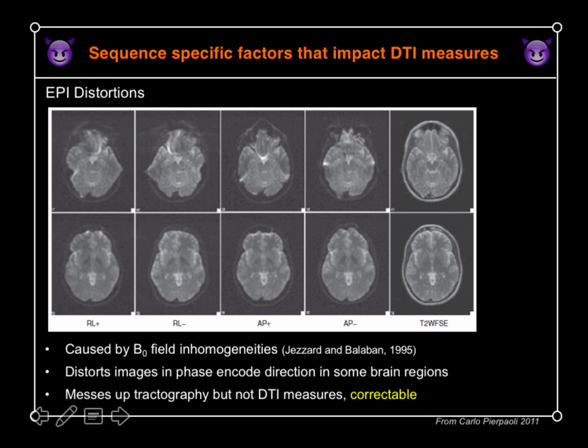And this is if you have right to left and left to right. Bottom line is you get these very sharp distortions in the image as well as signal pileups. And so this distorts the image profoundly, and one of the things it does is it messes up tractography very badly. Not so much the DTI measures. But again, this is also correctable.